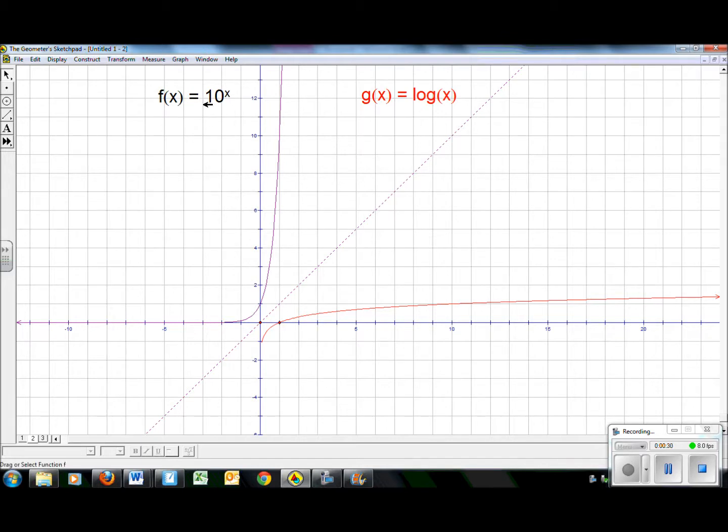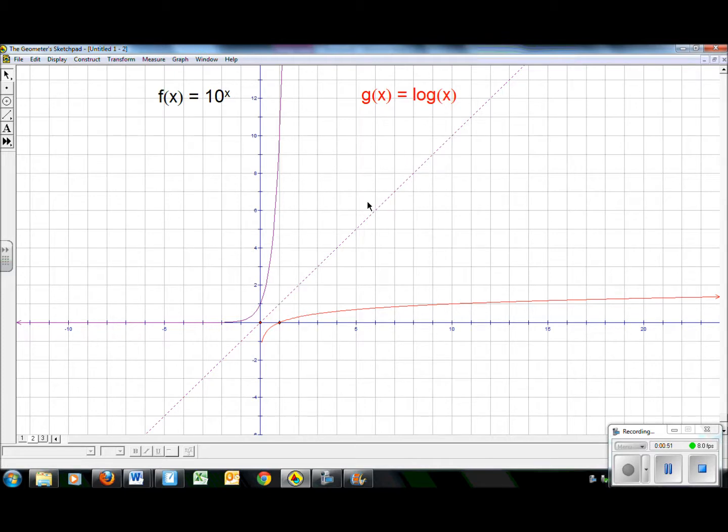So f of x being 10 to the x power, the inverse of that would be g of x being the log base 10. Remember, if the base is not written, that's implied to be a base 10 logarithm. So log base 10 of x is the inverse of 10 to the x power.